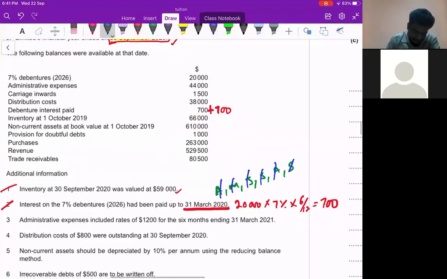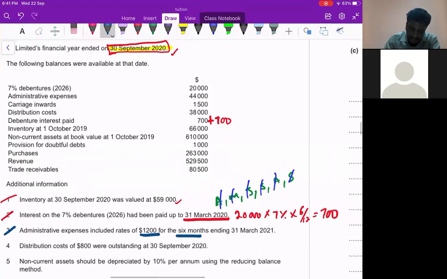Okay, next one. Administration expenses included rates of 1,200 for 6 months ending 31st March 2021. Wait, I closed my account on 30th September, but I have paid until 31st March 2021.